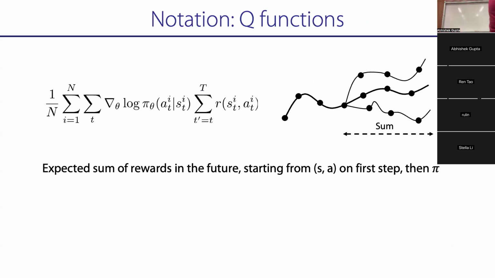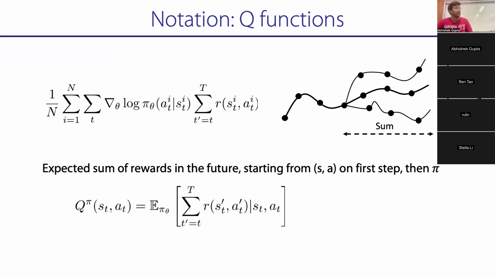Cool. So let's introduce some notation to study this. The first thing we're going to introduce is something called a Q function. A Q function can be thought of as the expected sum of rewards in the future, starting from the state S, taking the action A, and then acting according to policy pi. So if this was your S, you take not an action according to the policy, but the action A that is input into the Q function.